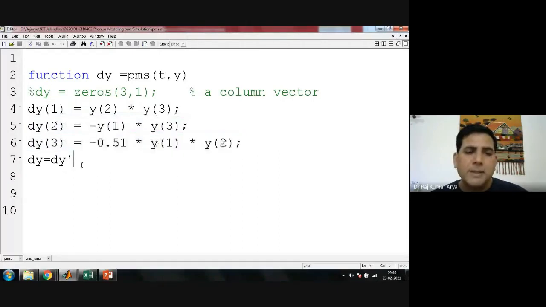After that, you want to convert all this, dy1, dy2, dy3 would be stored in a matrix which is known as dy only, and that dy needs to be a column matrix, not a row matrix. So to convert to the column matrix, you just write dy equal to dy dash, dy prime actually, so it will invert it.